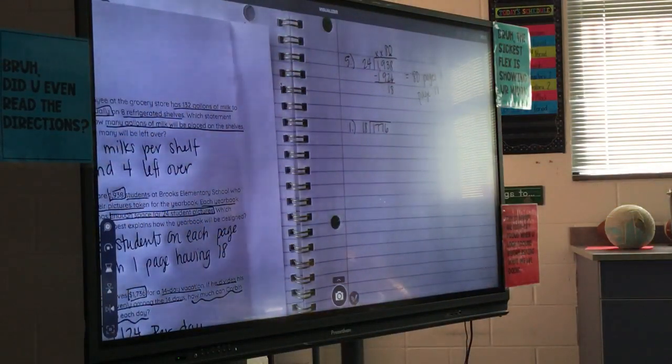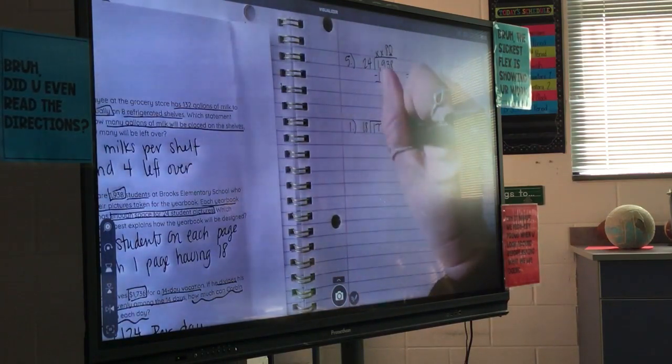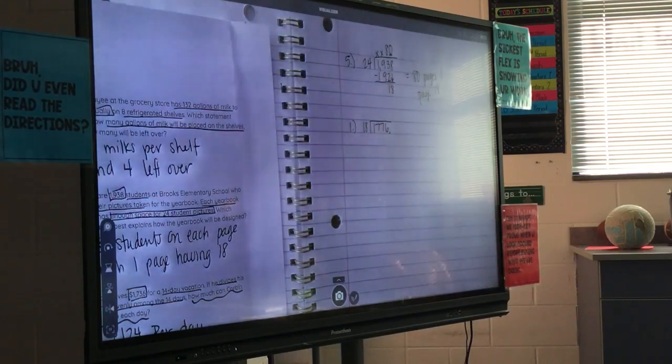Grace, put your hand up. Samantha? It is less than a ones place. Right. So our whole number has no numbers to the right of the decimal, right? So technically this is my decimal. I'm going to put that there just in case I need it for later in this problem. But it's good to know.